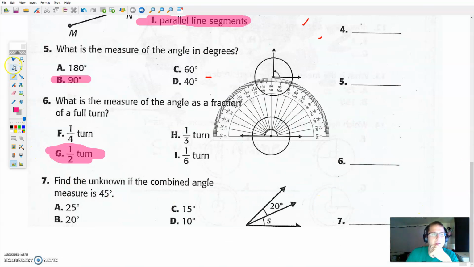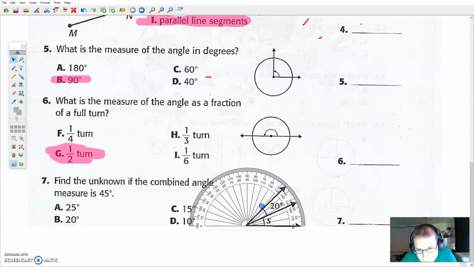Okay, now if we come down here, find the unknown if the combined angle is 45 degrees. There's lots of different ways that we could think about this one. We could theoretically put our protractor down here.